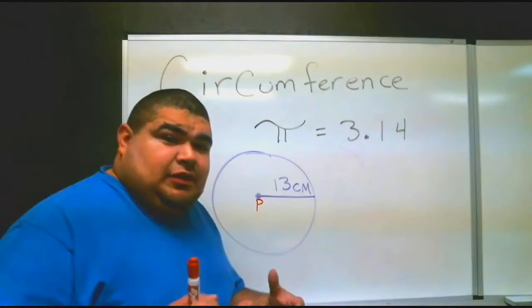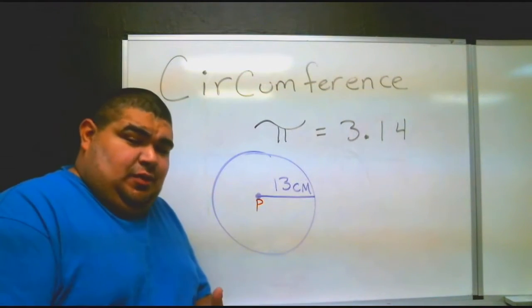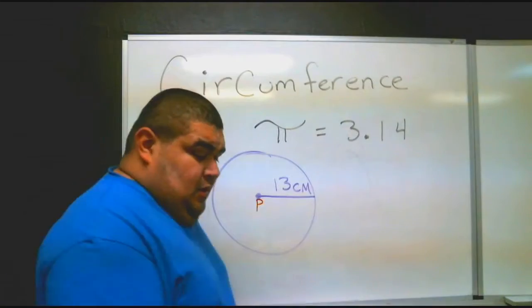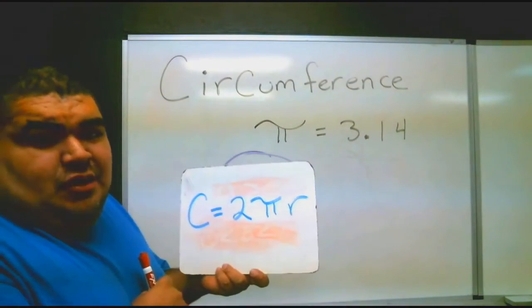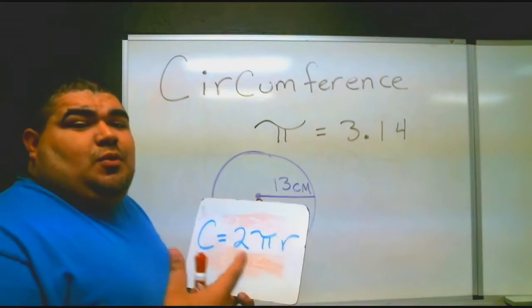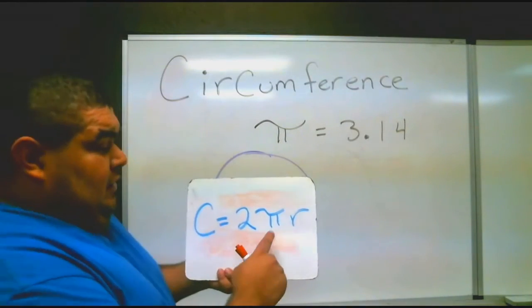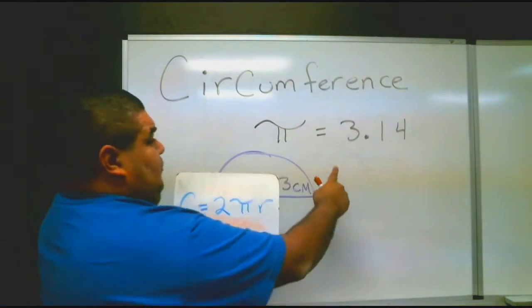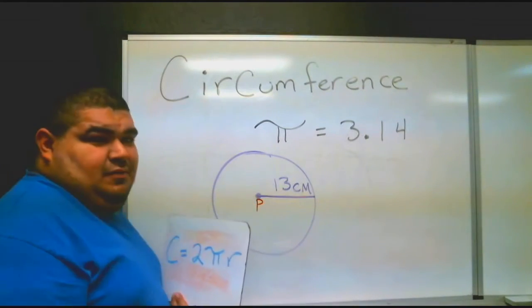Again, we're going to use either one of the equations. I'm going to show you with both equations. I'm going to show you with the first one, then with the second one. So the first one I'm going to pick is circumference equals 2 pi r. So the way we're going to write it is exactly the same. The only thing we're going to plug in here different is the pi, which is 3.14, and our radius, which in this case is 13.